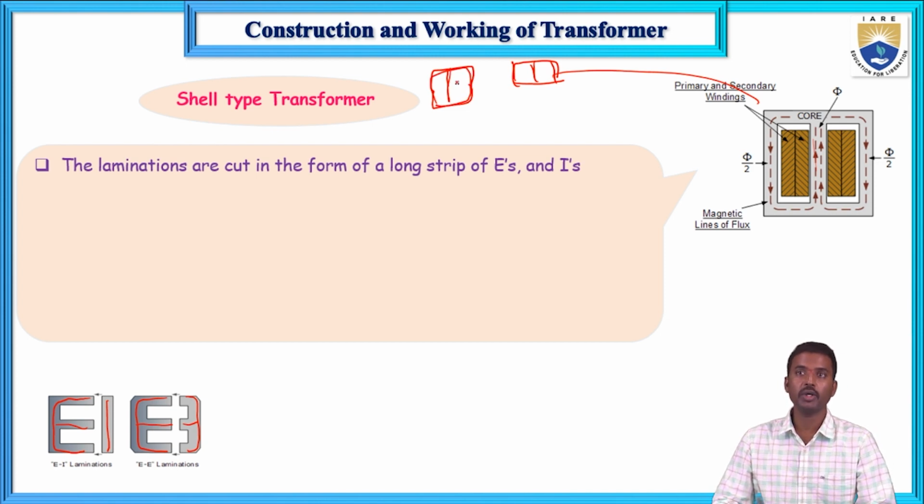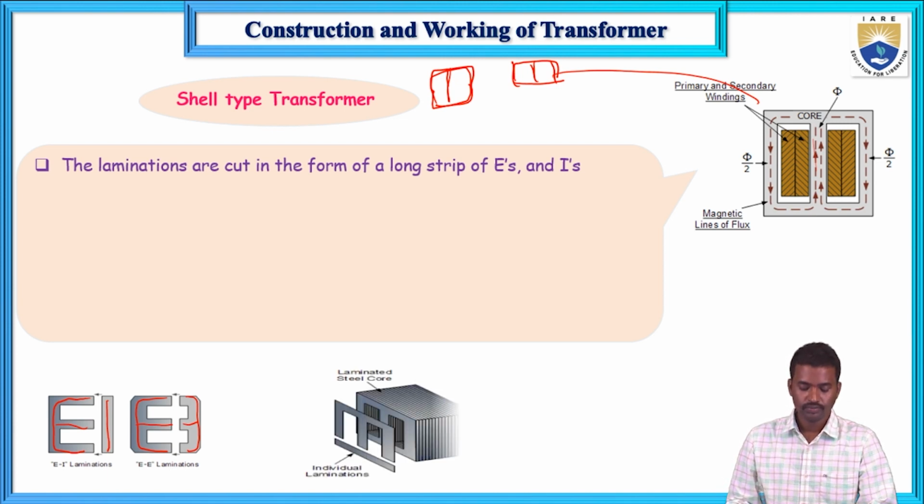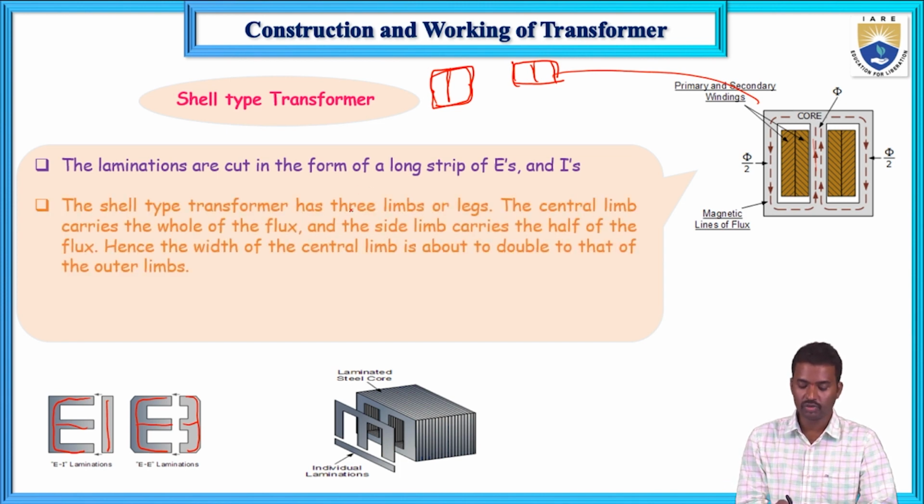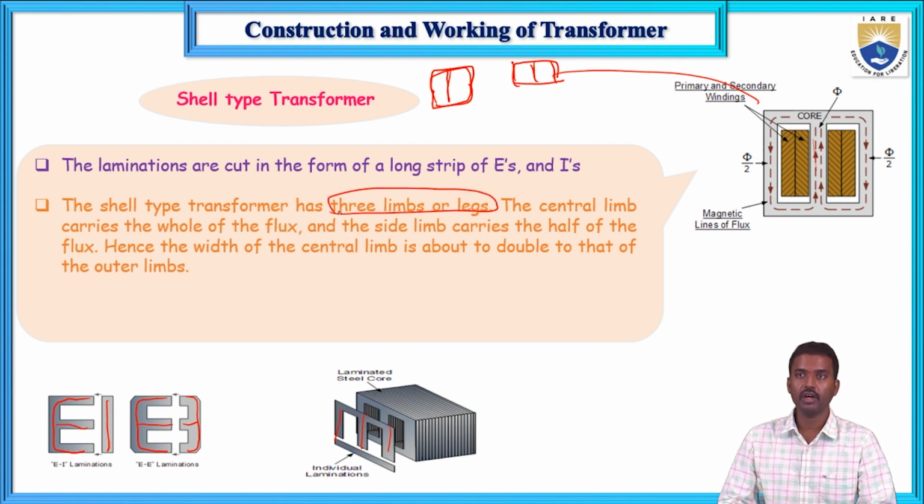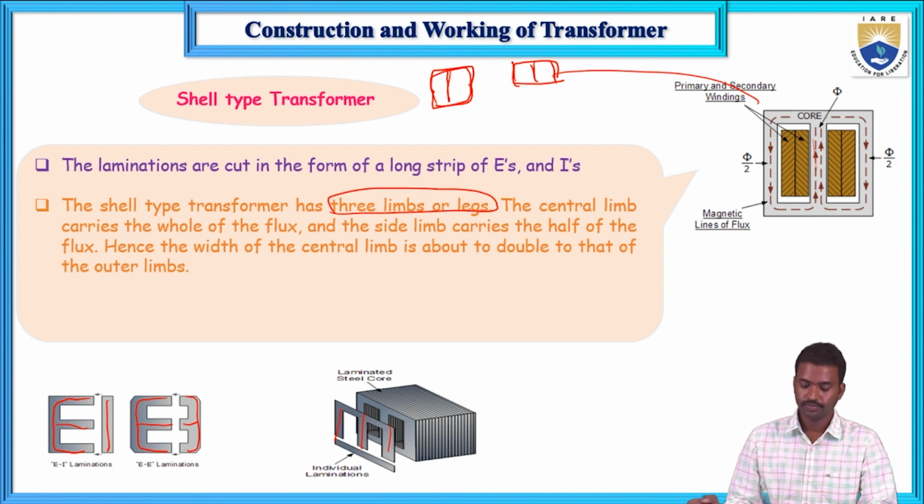A shell type transformer consists of three limbs and two yokes. Now the real picture looks like this: E and E, a laminated construction. The main purpose of laminated construction is to reduce the eddy current losses. The shell type transformer consists of three limbs, 1, 2 and 3; we can also call limbs legs.